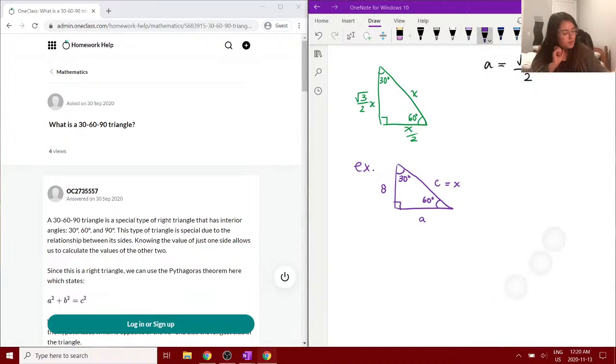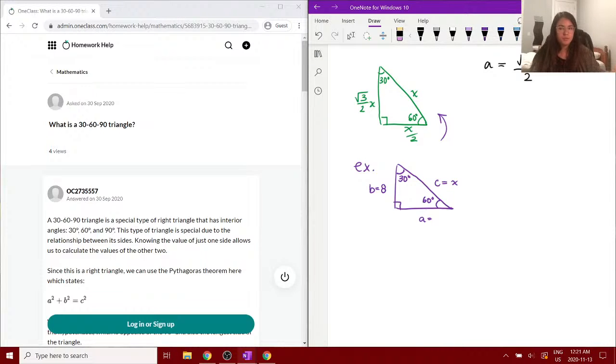So we'll say that we need to find what B is. Okay, so we know that C, using our special triangle up here, is equal to x. A, well, don't get confused because now the 60 degrees and the 30 degrees are flipped from this special triangle that I have drawn up here, right?